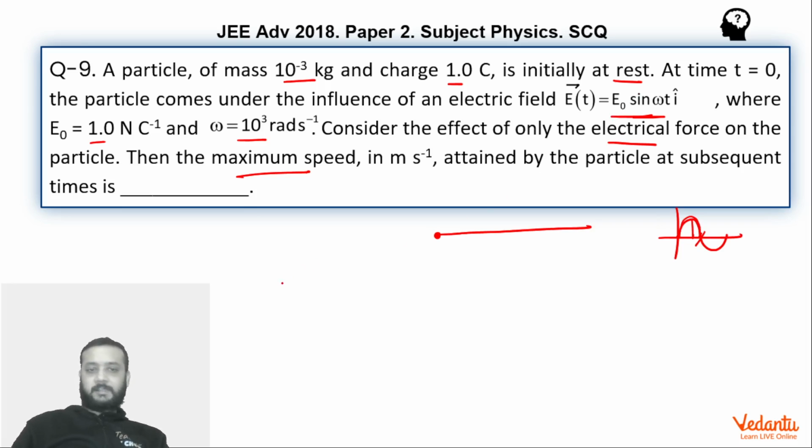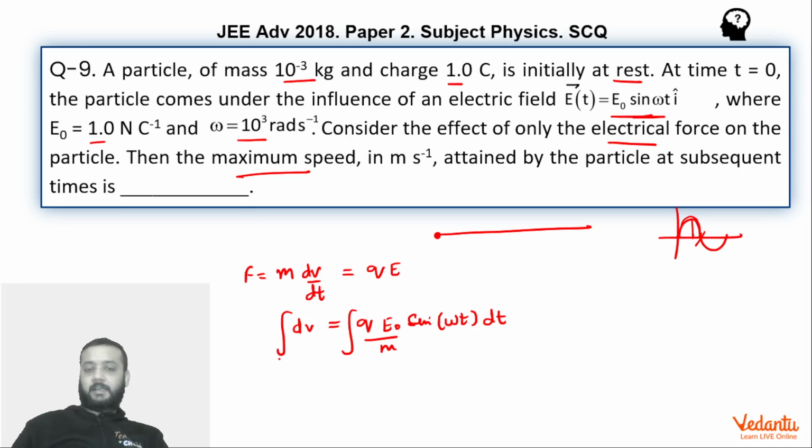Now this question is easy. So we can say that m into dv by dt, so this is the force, is equal to q E naught sine omega t. So dv will be equal to q E naught sine omega t by m dt, and hence we can integrate.